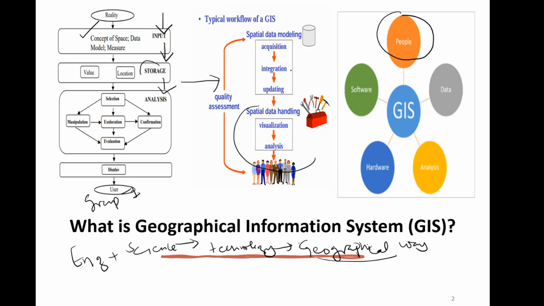Second, we have the data. GIS basically functions with two main data types. One is called raster data and the second is called vector data. What is raster data? Raster data is data stored in the form of electronic images. Those images could be aerial images, taken from a drone or from a satellite.